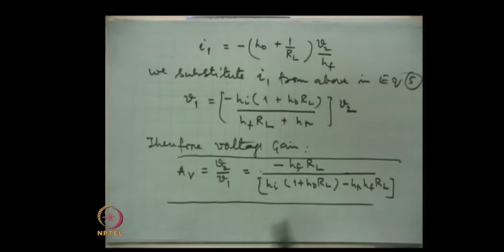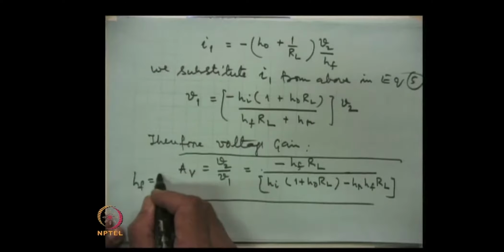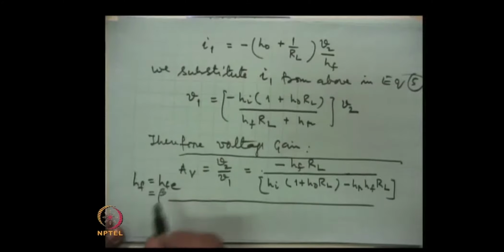Now, this minus sign, finally we will see that, for example, when we write the voltage gain for a common emitter amplifier, then these H parameters have to be replaced by H f becomes equal to H f e, that means for common emitter, which is the same as beta, the current gain which we have discussed earlier.